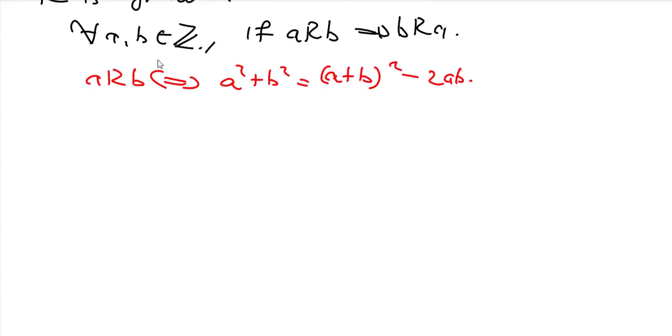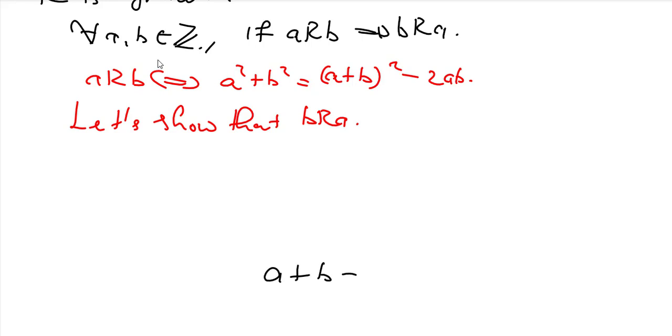Now let's show that B is in relation with A. So it's quite a simple task. Now all we have to know here is some properties of addition and multiplication in the set of integers. In the set of integers, addition is commutative, that is A plus B is equal to B plus A. So we can take any two integers of your choice, any positive or negative whole number.